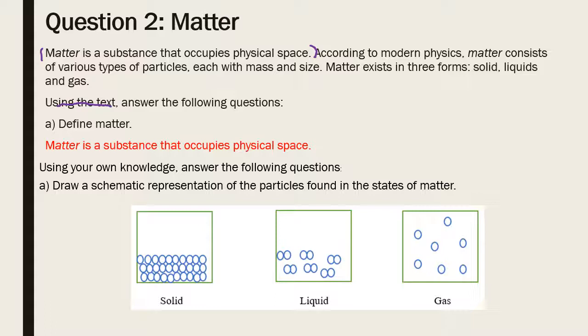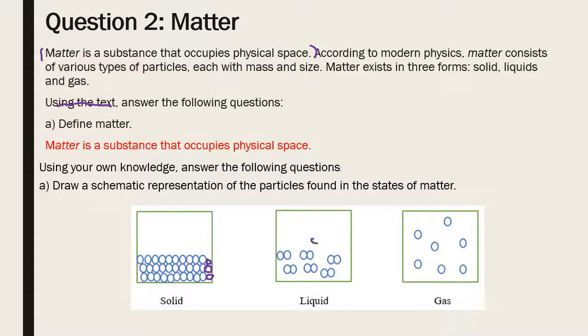Then it says, using your own knowledge, draw a schematic representation of the particles found in the states of matter. Remember, solids are close to each other. I'm going to try to do 2 or 3 more. You see how they are very close to each other. They've got no room to move. Liquids are far from each other.